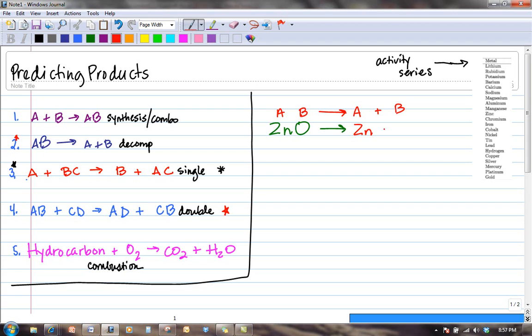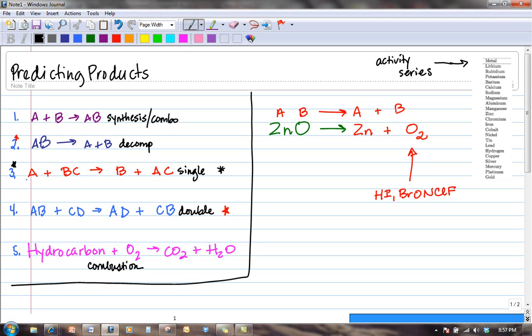So I'm going to write zinc plus oxygen. The thing that you have to recognize here, though, is that oxygen is a part of HOBrINCl, which means that this is a diatomic element. So the formula for oxygen is not just O, it's O2.